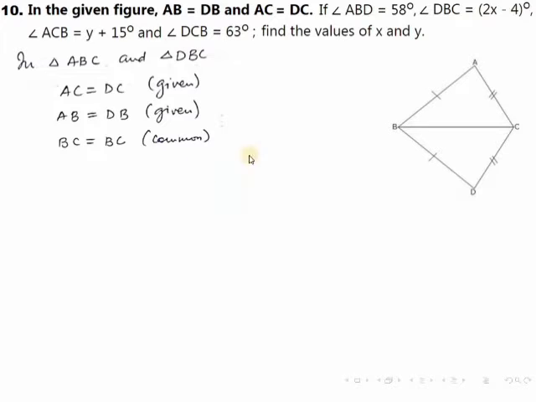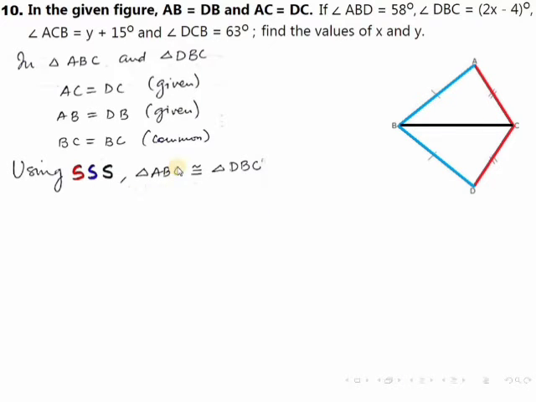Let me change the diagram now. This red represents the corresponding parts, blue represents the corresponding parts, and this black represents the corresponding part. So what is happening here is you have S, S, S. So using SSS, triangle ABC and triangle DBC are congruent to each other.